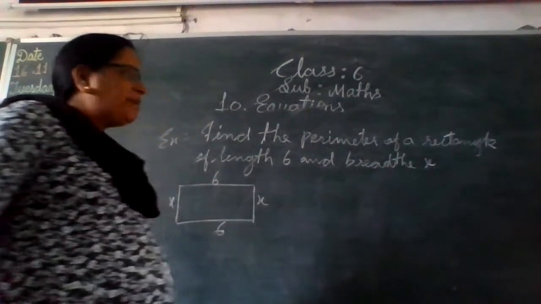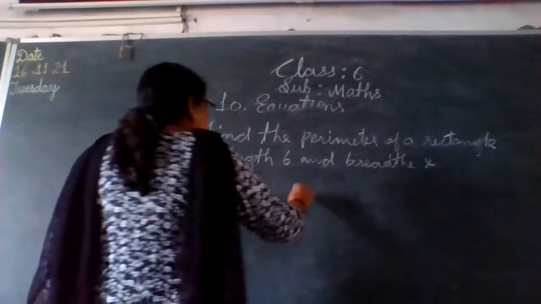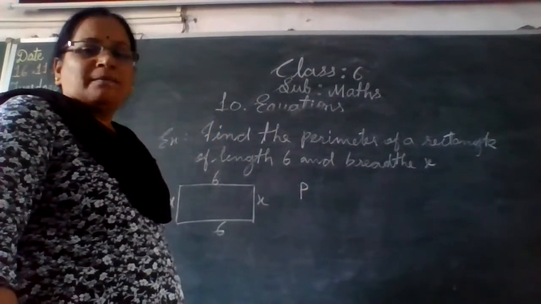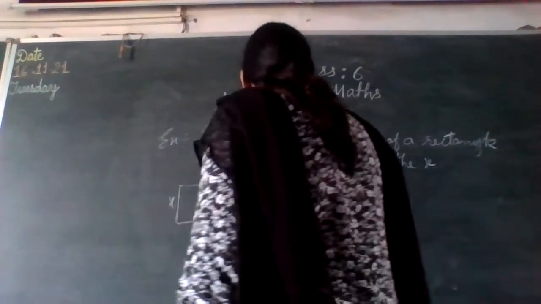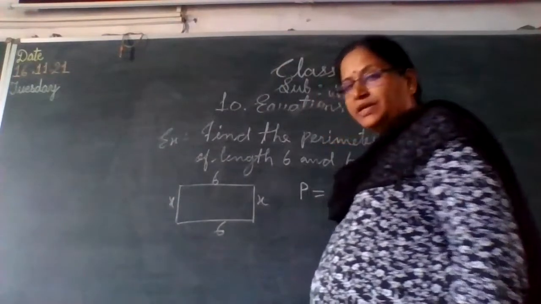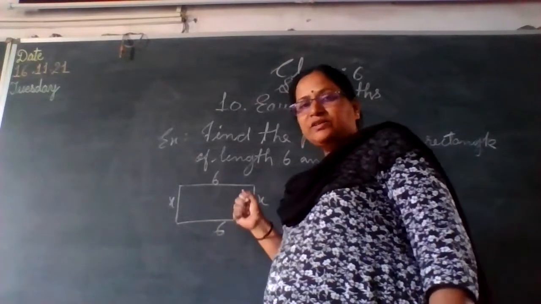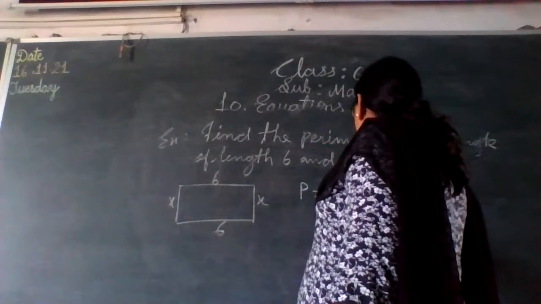Now to find the perimeter, here P represents perimeter. What is the formula? How do we find the perimeter? We add all the sides of this rectangle.